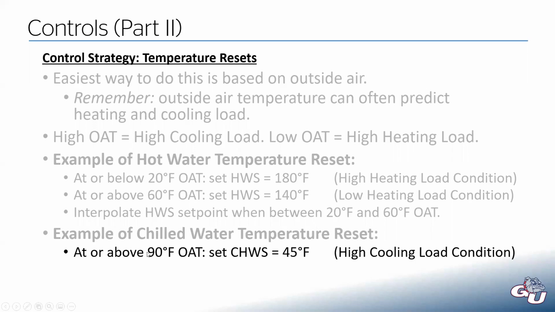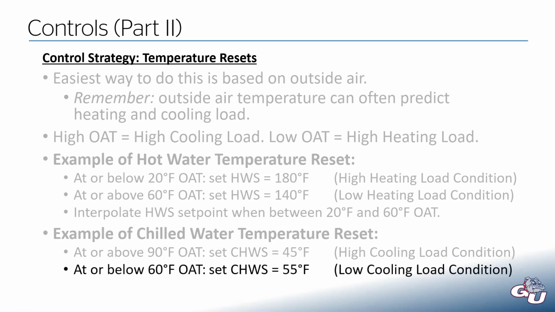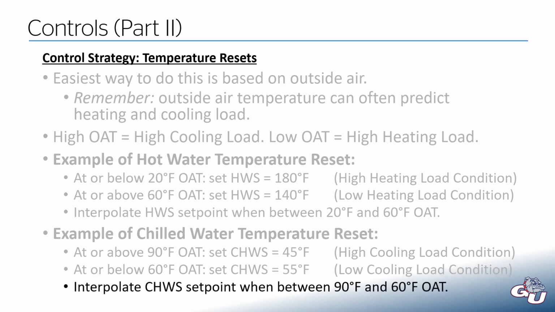If we're at or above 90 degrees, so hot day, set our chilled water supply to design 45 degrees because we need that cooling capacity. But if we're at or below 60 degrees, we don't need as much cooling, so raise our chilled water supply to 55 degrees. And then in between, we'll interpolate our set point between those two limits.